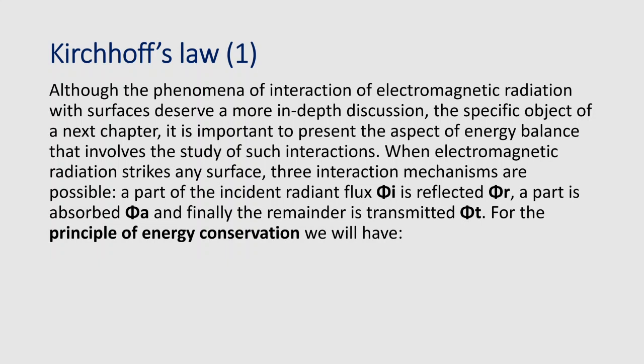The first is that part of the incident radiant flux, that is phi, the incident flux. So the first mechanism of interaction, as you all know, is the reflection. So part of this incident flux, phi, is reflected, and this quantity is called phi R, flux reflected.